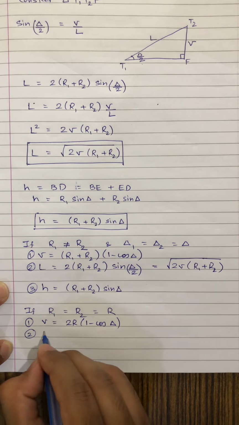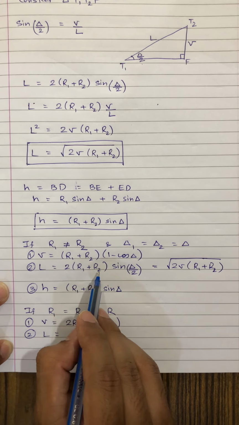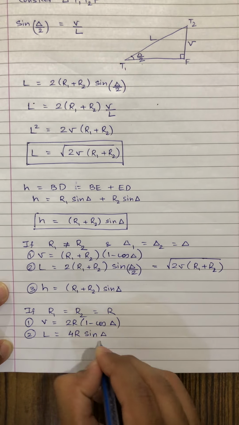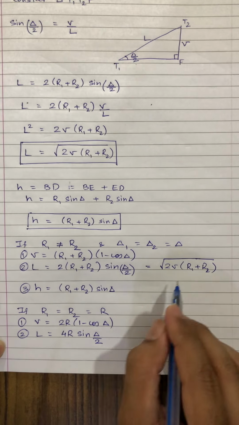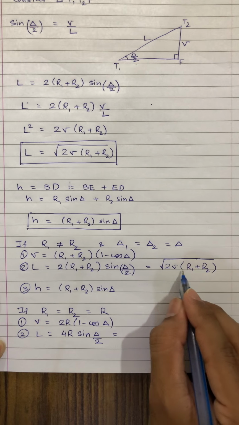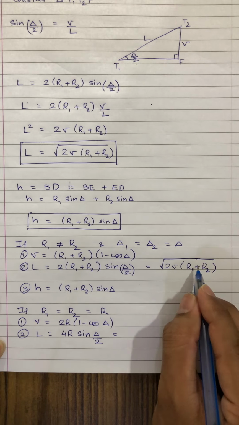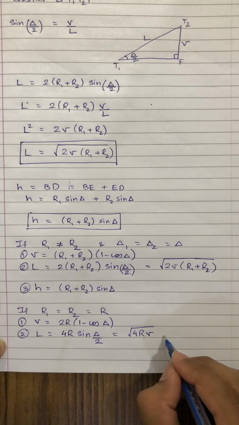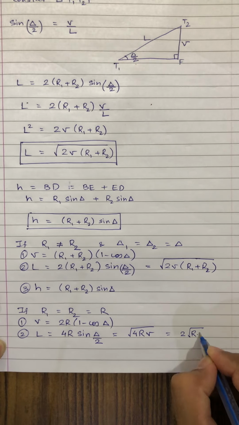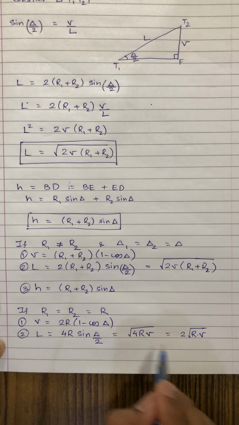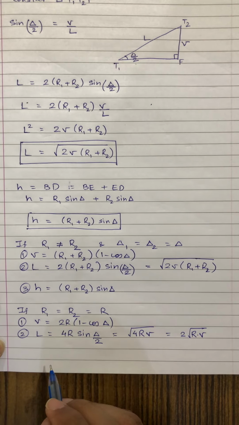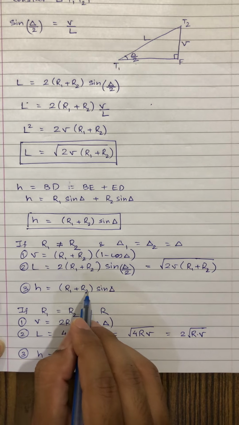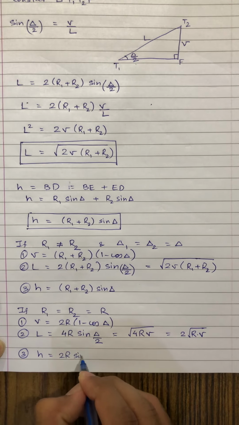The second equation will become L is equal to 2 into 2R, that is 4R into sine delta by 2, or here 2V into 2R, and 2 into 2R will become 4R, so this can be written as under root of 4RV, or 2 under root of R into V. And the third equation, H, will become R plus R, that is 2R, into sine delta.